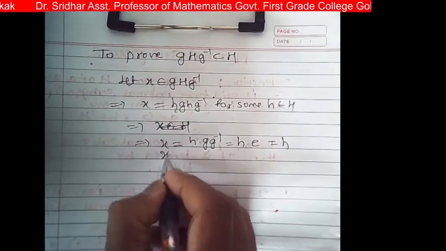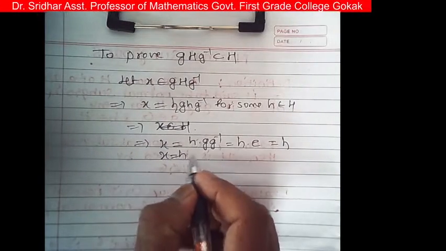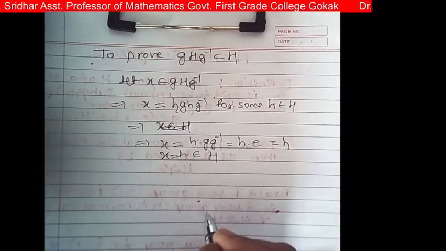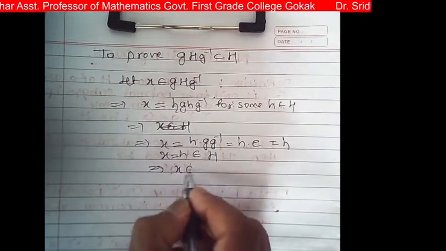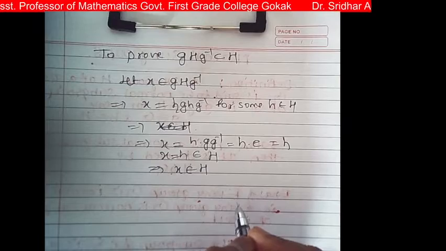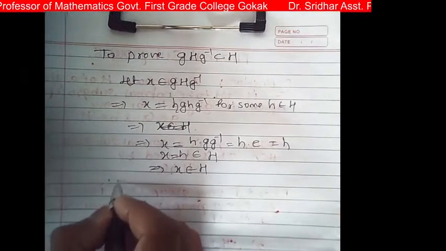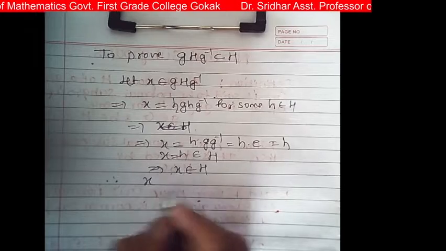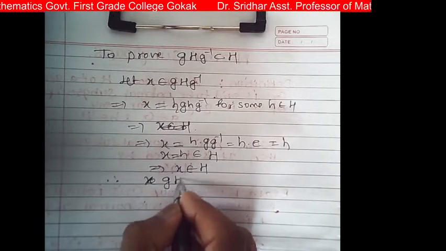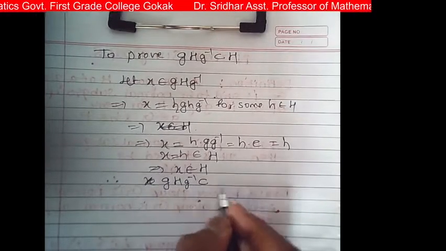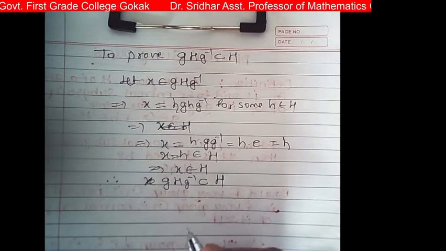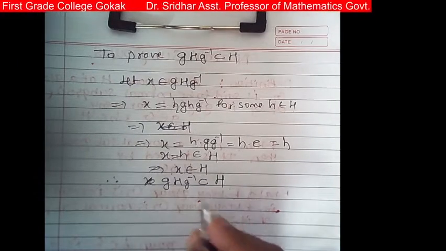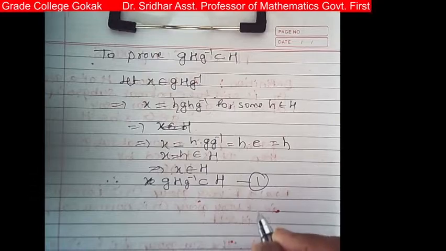Therefore x is equal to h. But h belongs to capital H. This implies x also belongs to capital H. Therefore gHg inverse is a subset of H. Correct? So call this equation 1.